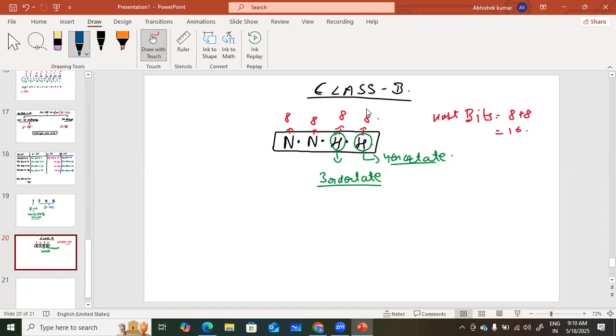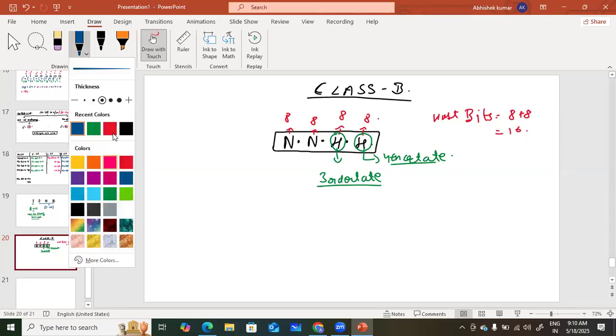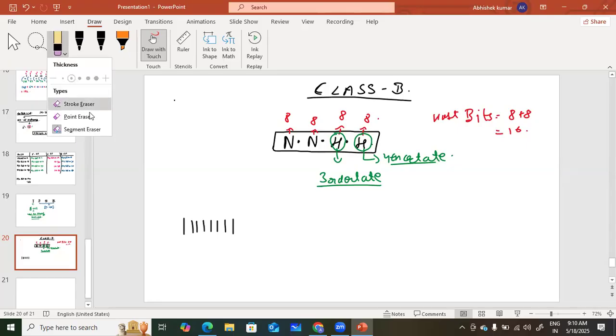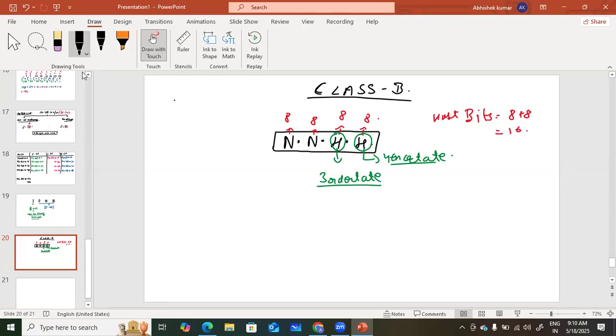Yes. Now the question is how I'm going to identify to which octet I'm going to perform subnetting. Let's suppose we have bits like this: 1, 2, 3, 4, 5, 6, 7, 8. First octet, second octet, third octet, and fourth octet.